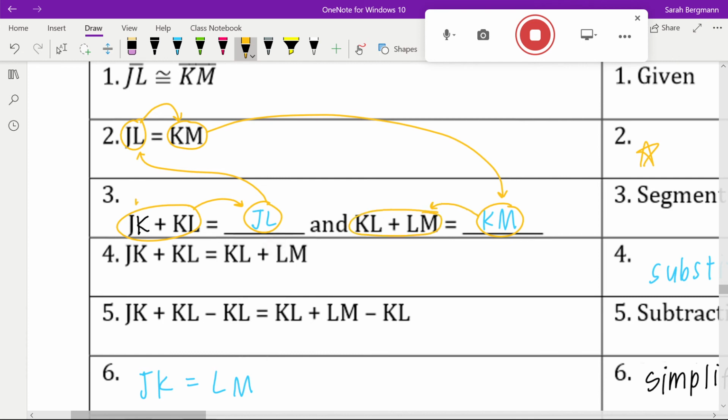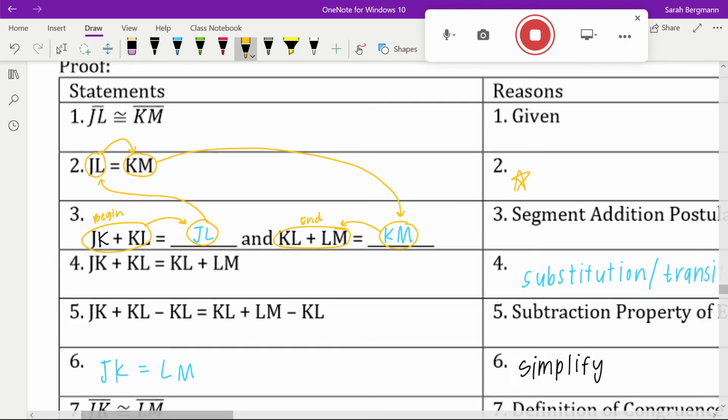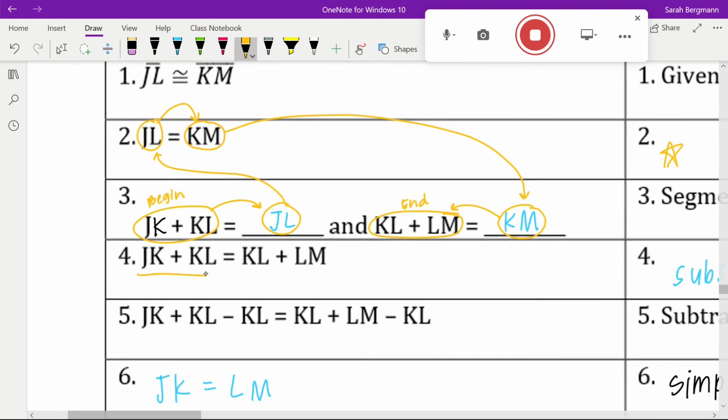So going from the very first statement to the very last statement, I know by transitive property or by substitution, however you want to look at this, that JK plus KL, this is the beginning, must be equal to the end, KL plus LM. So it's kind of like a little train there.